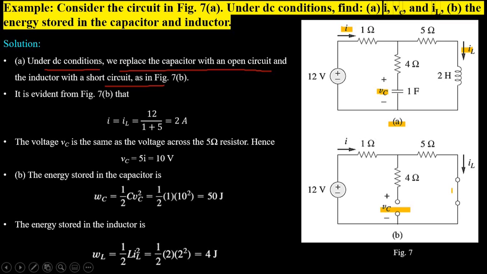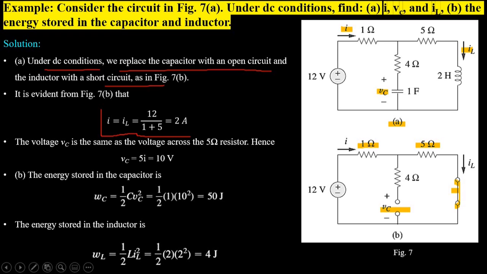Now from 7b we know that no current flows through the 4 ohm resistor, so the current I and the current through the inductor are both equal, and their value will be the voltage divided by the total resistance of the circuit, which will be 1 plus 5 ohms. So the current I or the inductor current will both be equal to 2 amperes.